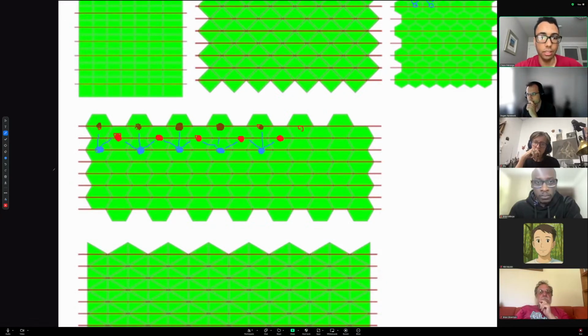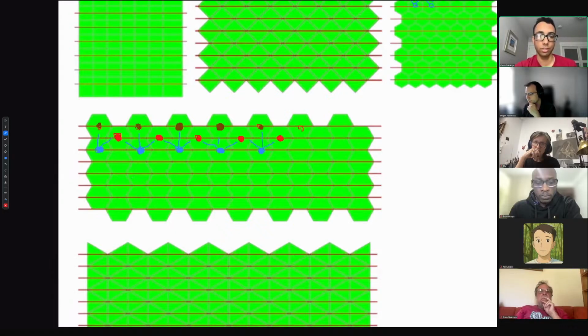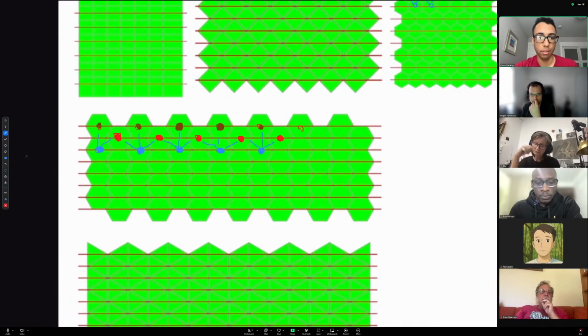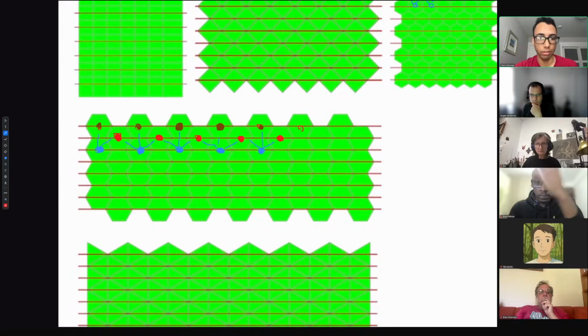So if you see the three neighbor hexagons that Dugan's annotating, the hexagon at the top left corner, the ones he drew with dark red circles, or maroon, whatever you would call that color. Yeah, the brown.